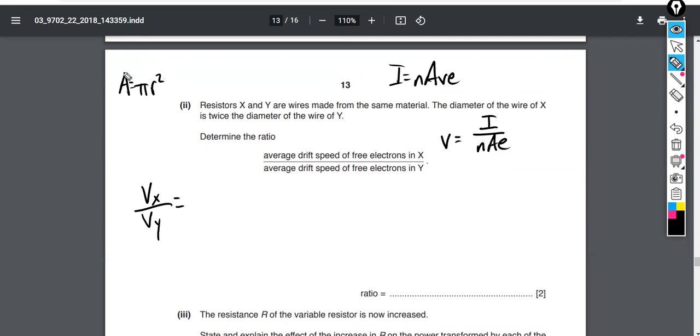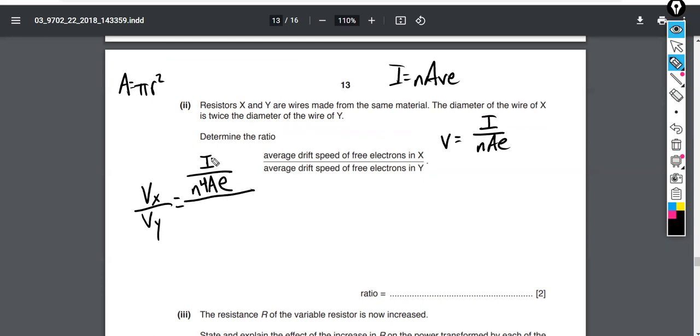Well, we double squared the area, because the radius is squared to calculate area. So for X, we've got the current I over n, and the area is 4 times the area of Y, because we're doubling the radius. So it's 4 times the area, and e is just elementary charge.